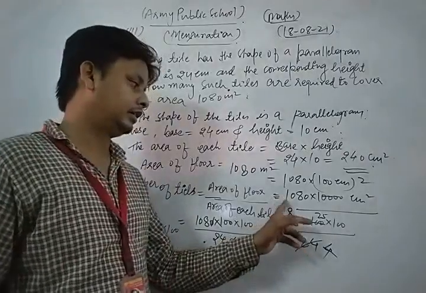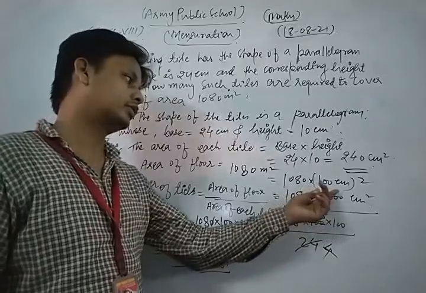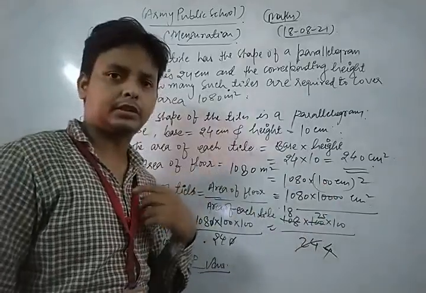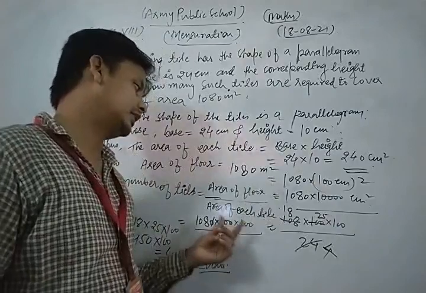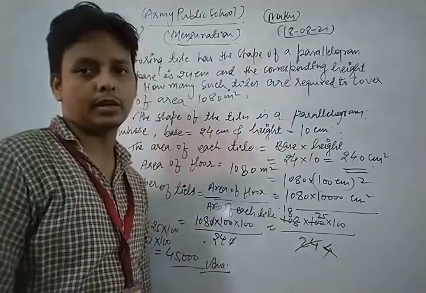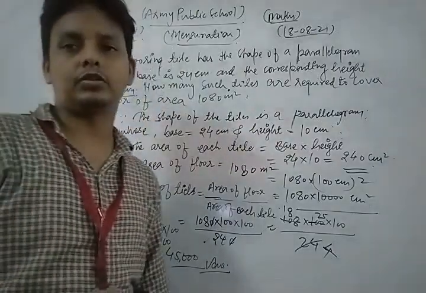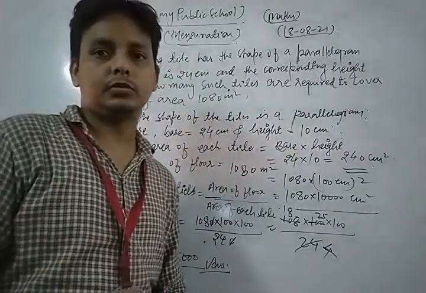We put in all the values: the area of the floor converted into centimeter square, divided by 240 centimeter square, the area of each tile. After simplifying, we get 45,000. So 45,000 tiles are required.